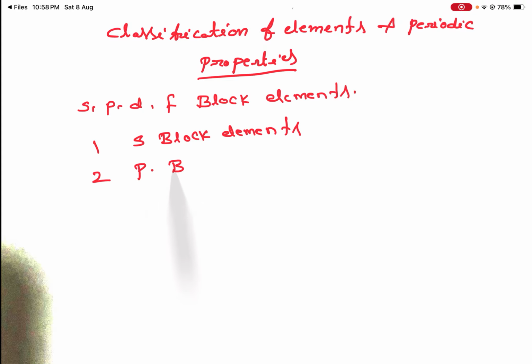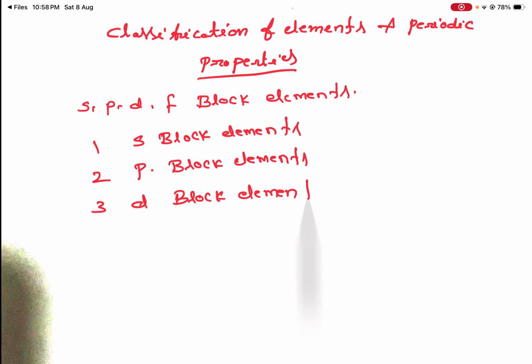Second one, P block elements. Third one, D block elements. Fourth one, F block elements. For each block, 2 marks will be allotted.